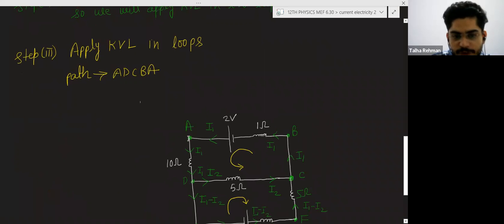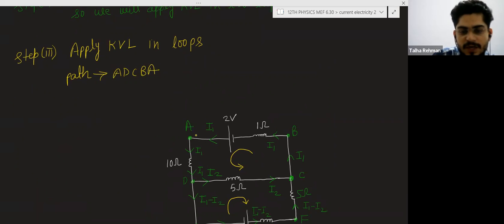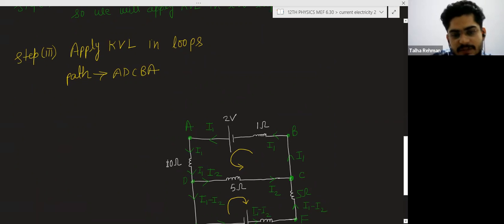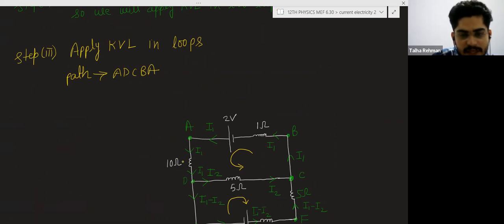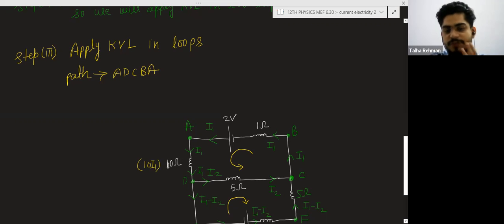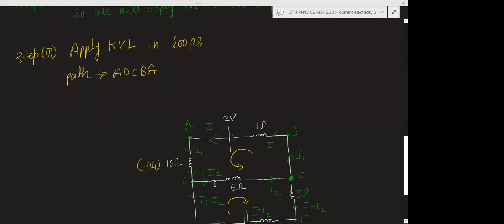When you are moving from A to D, tell me one thing, what is the potential drop across this 10 ohm resistance? This will become 10 I1, because V is equal to I into R. Yes, sir.